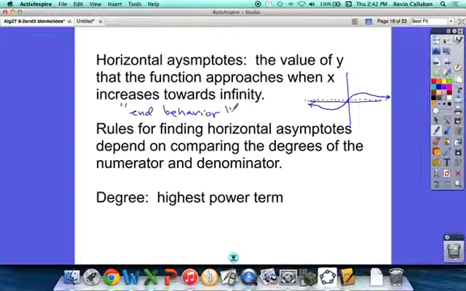But when it comes to horizontal asymptotes, end behavior means what the graph is doing at the edges, to the left and right. The way you find horizontal asymptotes has very simple rules: compare the degree of the numerator and the degree of the denominator.